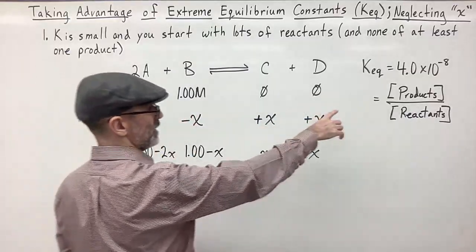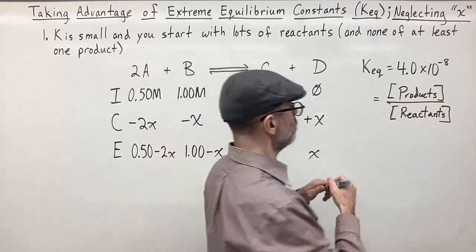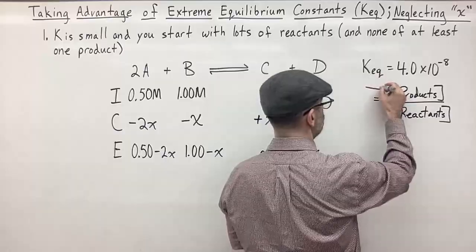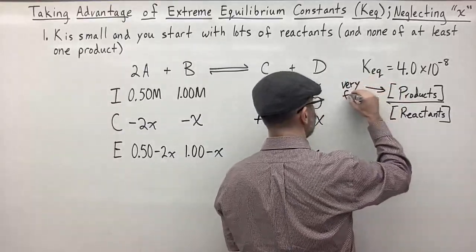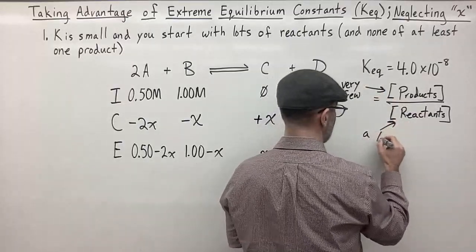So as I said, it's products over reactants. And in this case, we're going to have few products, so this is very few. And this is going to be a lot.